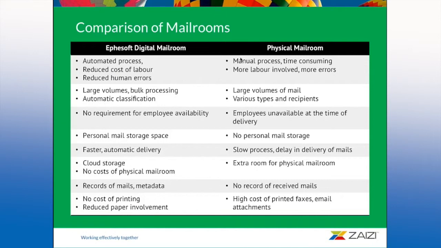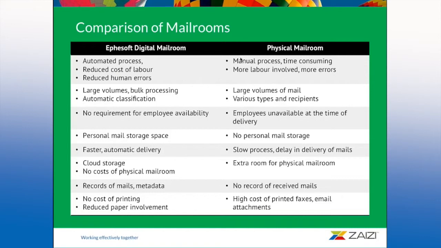So there is very little human intervention if there is an anomaly in Ephesoft. You can reduce the human error to a very large extent. And you can process large volumes of data, and it won't take that much time, just a matter of few minutes, as opposed to the large volumes of mails that you have to deal with manually in a physical mailbox.